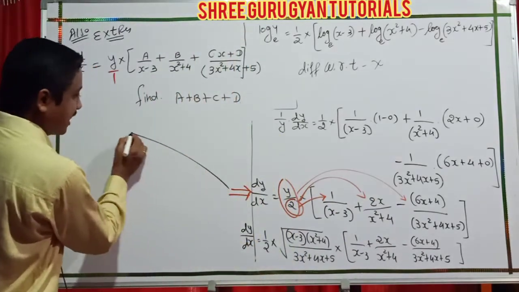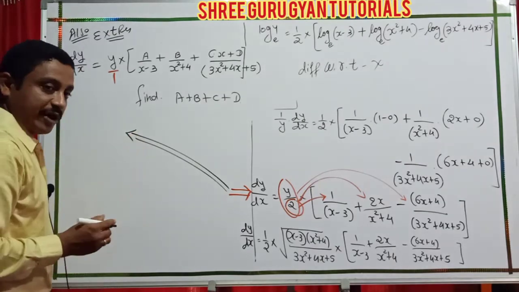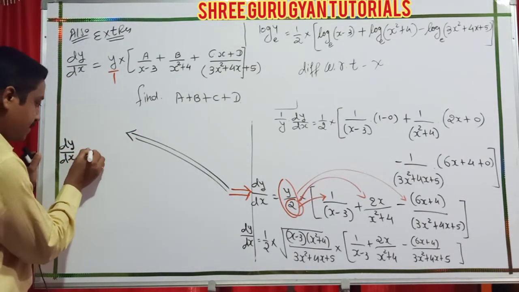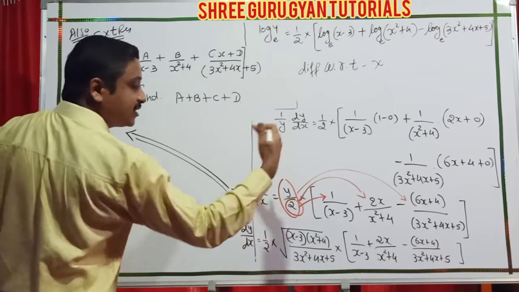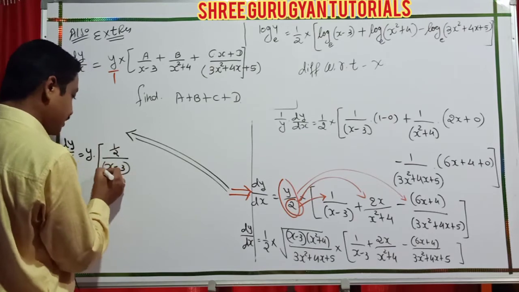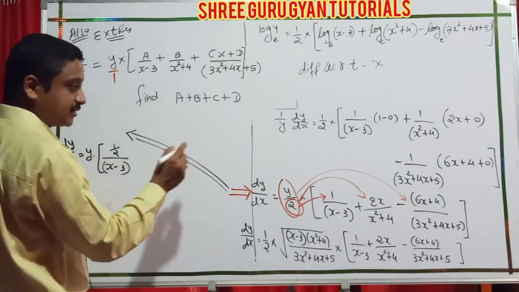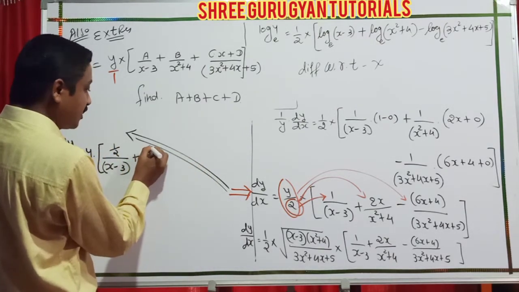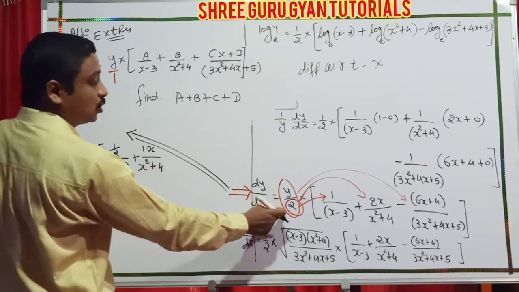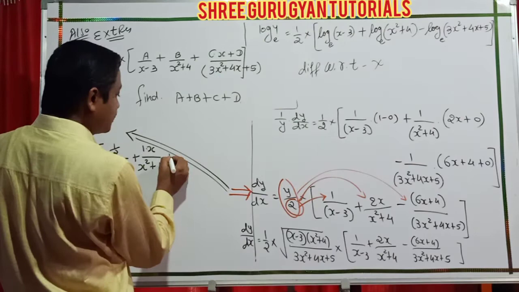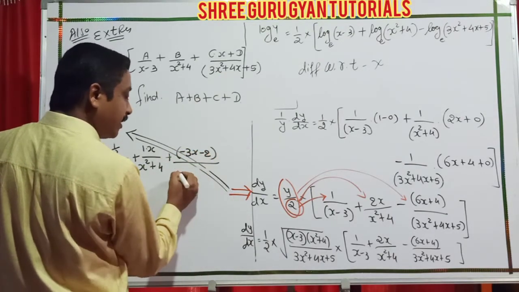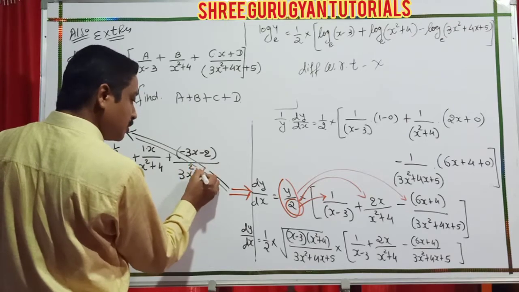Yes, I represent this equation in this way. dy by dx is y upon 2, I just multiply that 1 by 2: x minus 3, same as here, 2x by 2 means 1 x by x square plus 4, and these 2 also divide, so here plus internal, just minus 3x minus 2 by 3x square plus 4x plus 5.